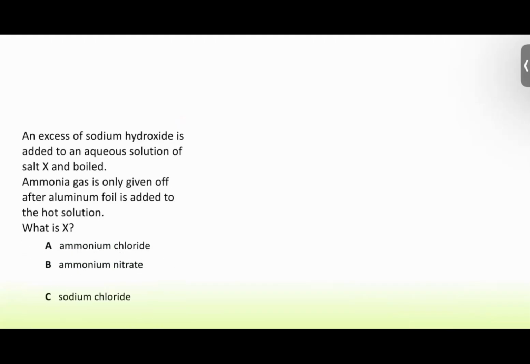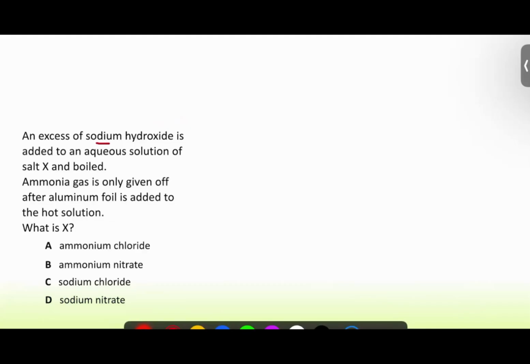Next question. An excess of sodium hydroxide is added to an aqueous solution of X and voided. Ammonia gas is only given off after aluminium foil is added to the hot solution. So we need to find the identity of X. For this aluminium foil added in, we are actually testing for nitrate. Since ammonia gas is given off, there is the presence of nitrate.